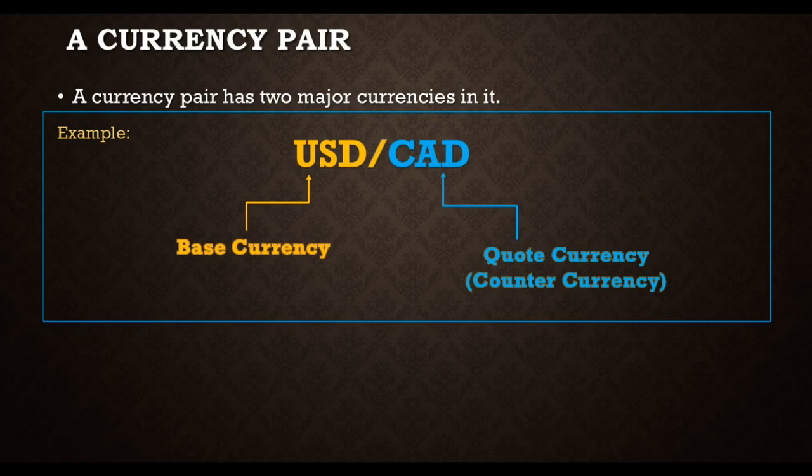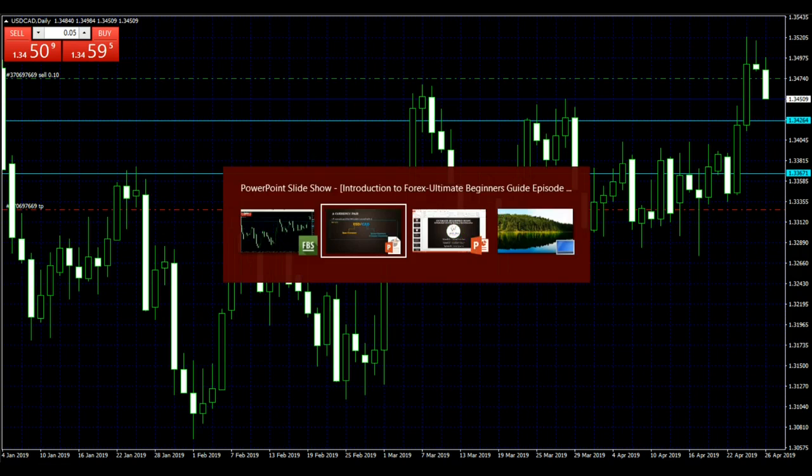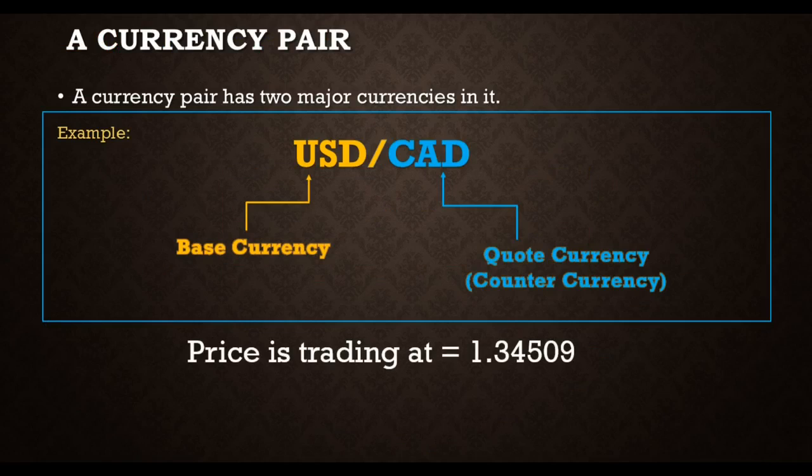Now if we take this dollar Canada chart, now it's Sunday, so market is closed and it's currently trading at the price of 1.34509. Okay, so price is trading at 1.34509.